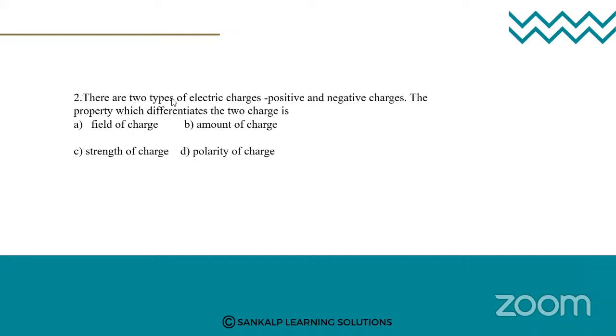See the next question. There are two types of electric charges, positive and negative charges. The property which differentiates the two charges is: field of the charge, amount of the charge, strength of the charge, or polarity of the charge.